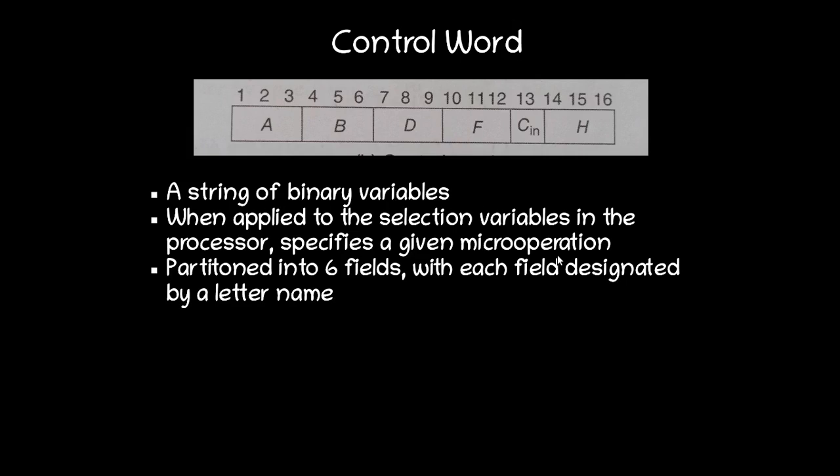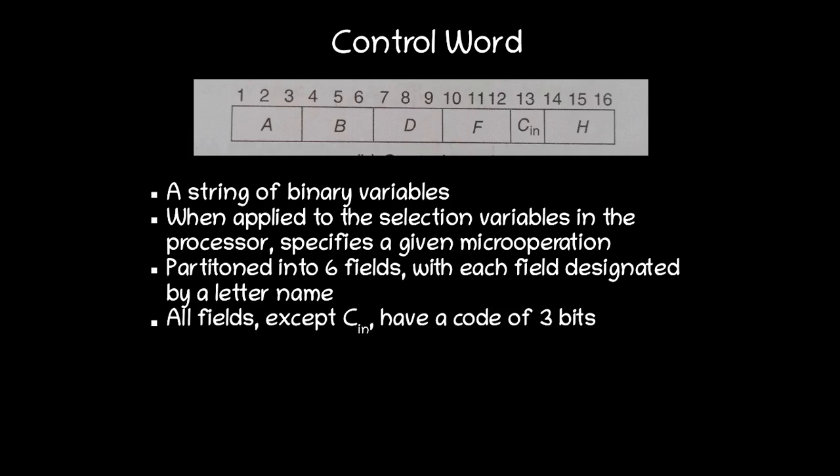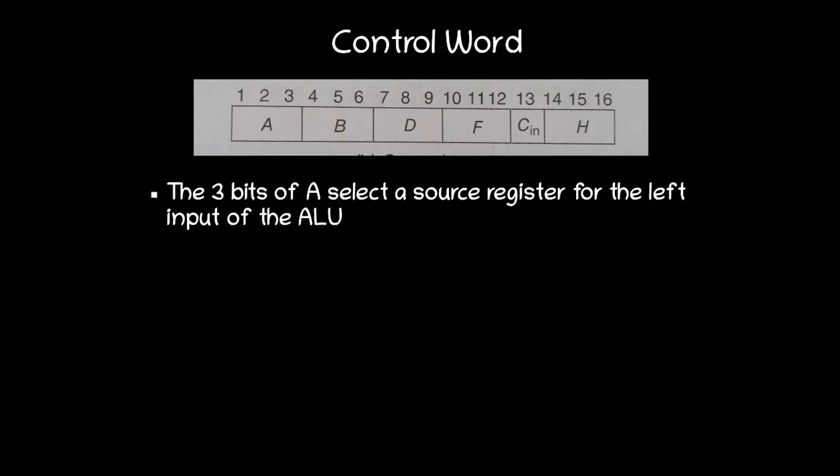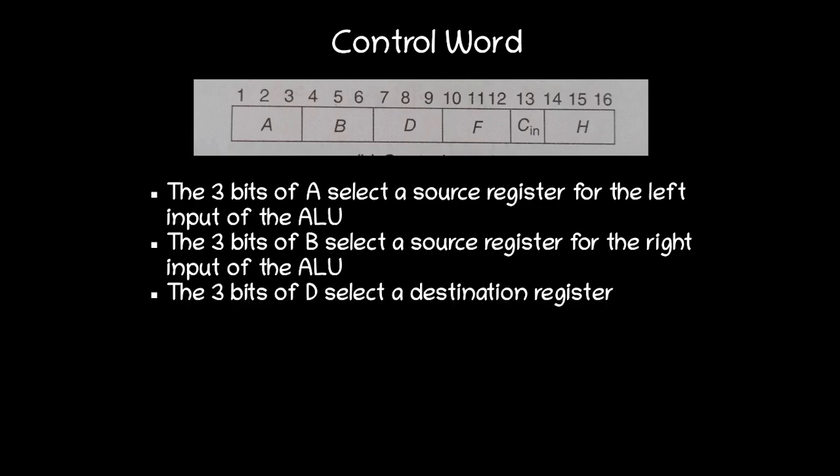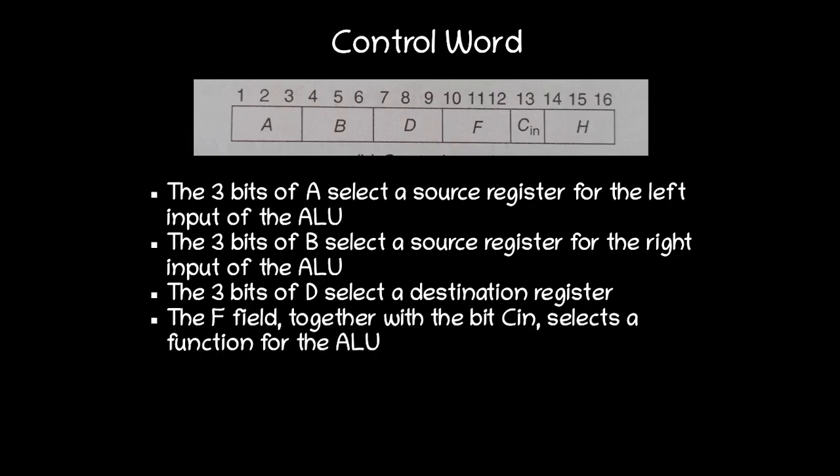This is partitioned into 6 fields, with each field designated by a letter name. All fields except Cin have a code of 3 bits. The 3 bits of A select a source register for the left input of the ALU. The 3 bits of B select a source register for the right input of the ALU. The 3 bits of D select a destination register.